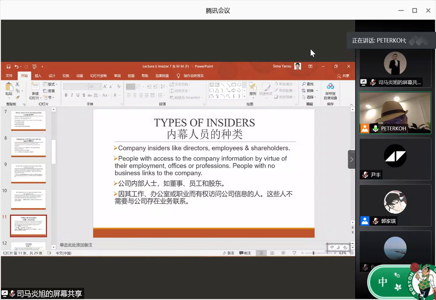From outside the company, from 律师楼 or from 交所的法律顾问, okay? And can also be people with no business links to the company, right? Mean no business link. 没有关系的，没有业务的关系, right? You get people with no business links to the company. Next slide, please.